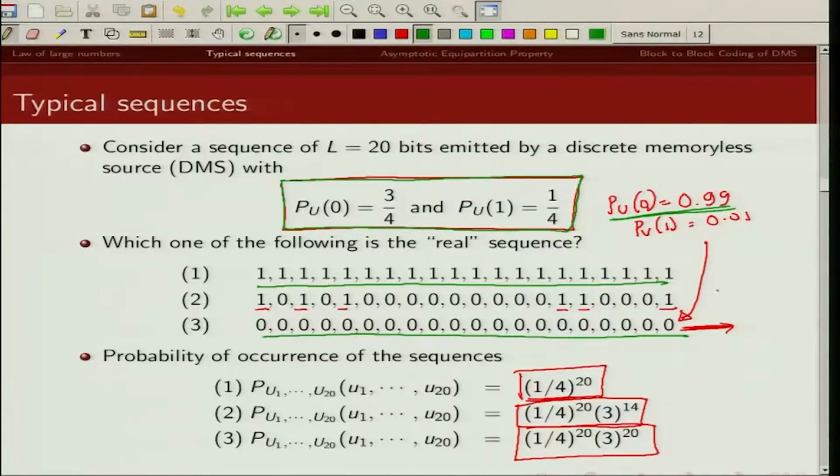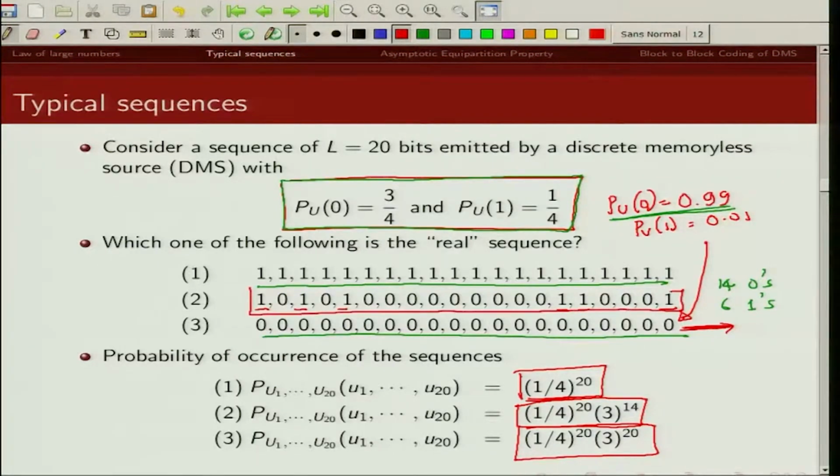Whereas here, if you see, I just mentioned it has 14 zeros and 6 ones, and roughly if you take large enough block size, I expect 3/4 of those bits to be zeros and 1/4 of them to be 1, which is close to what I am getting in sequence number 2.